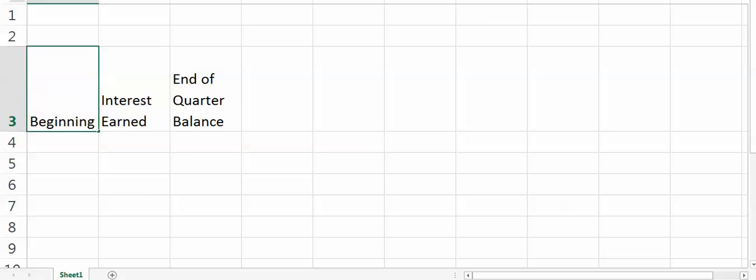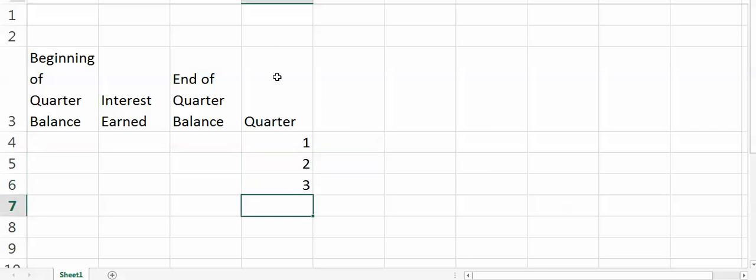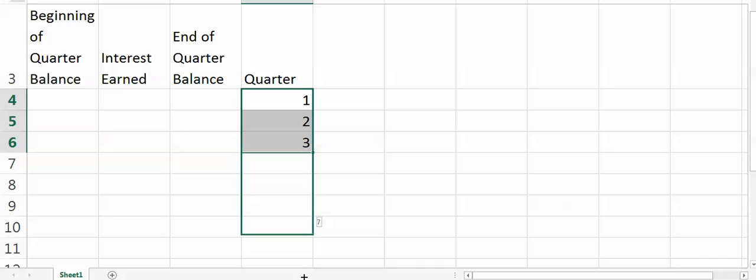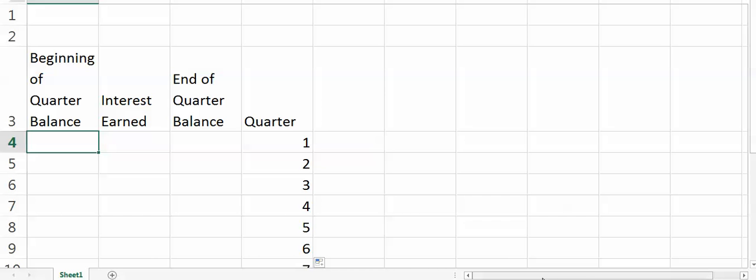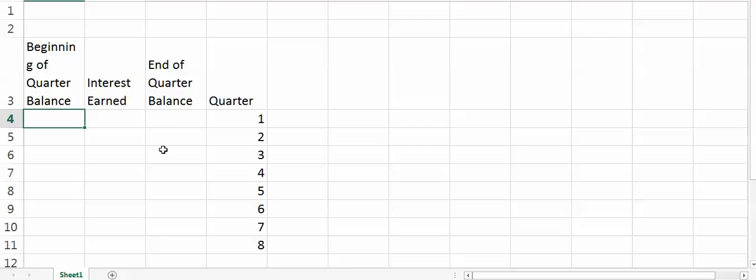I see I spelled balance wrong. Also, I want to track the quarter. We're keeping our money in for 8 quarters, so I'm just going to go quarters 1 through 8. And the beginning of the first quarter's balance is that $100 that I put in there.